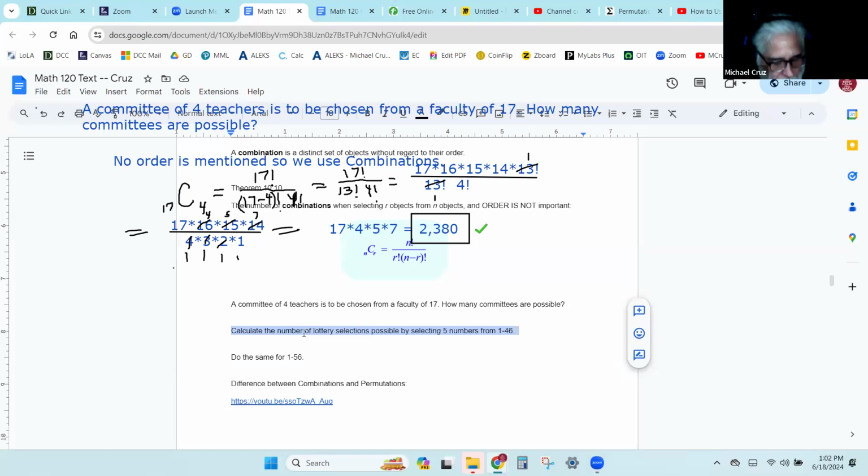But one of the most popular instances of using combinations is with the lottery. Okay. The lottery, when you pull out those 5 numbers from that popcorn machine, you don't have to have them in any specific order. If we had to have them in order, nobody's going to win.